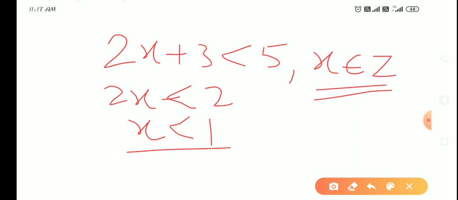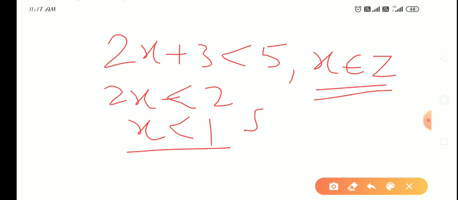This set is given: x belongs to integers. If x belongs to integers, decimal numbers are not integers, as you know well, so we cannot take values of x as decimal numbers. We have to take complete numbers.